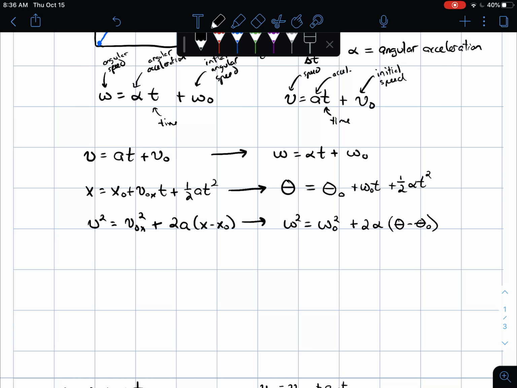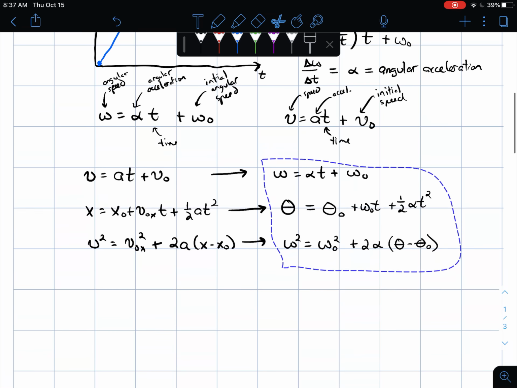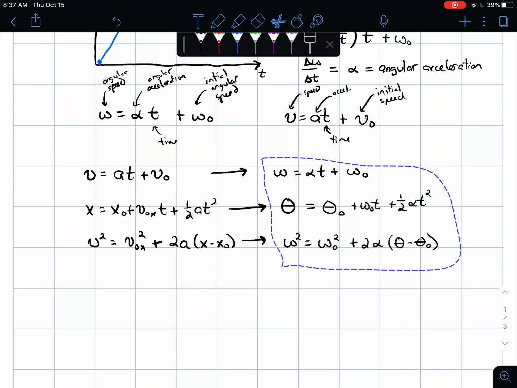All right. And so now we have this new set of equations that are really just a translation, interpreting our kinematic equations that we became comfortable with into the equations that we would use when an object is rotating. This set of equations is what we are going to use to analyze the motion of objects as they're rotating, whether it's the position, the speed, or the acceleration.